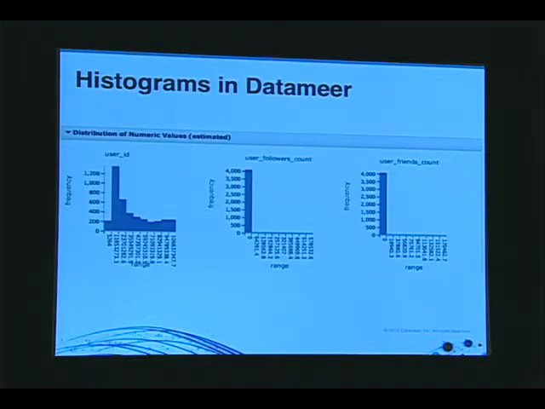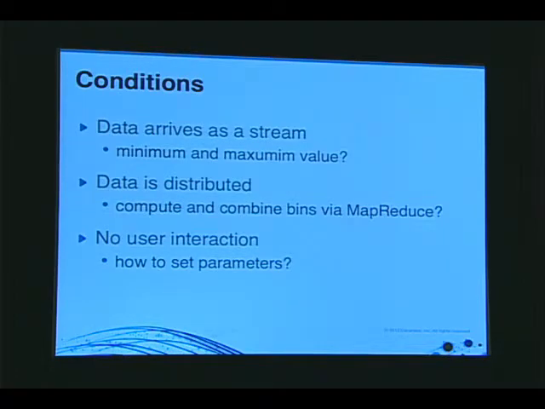So this is what histograms are, how you can compute them, and what they can be used for. Now, why do I give this talk? Because this is pretty simple, right? These are all solved problems. But in our environment, the conditions are different. In our environment, data arrives as a stream.